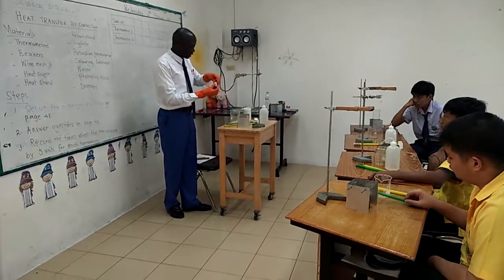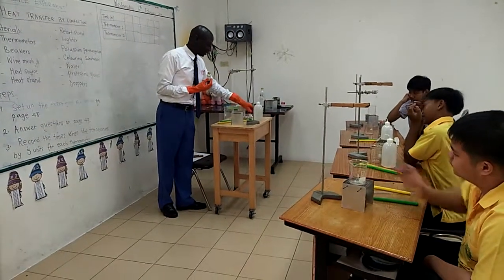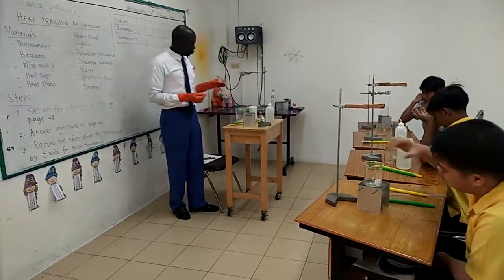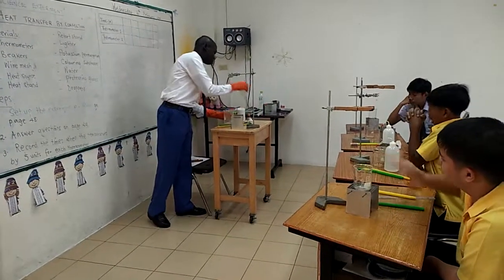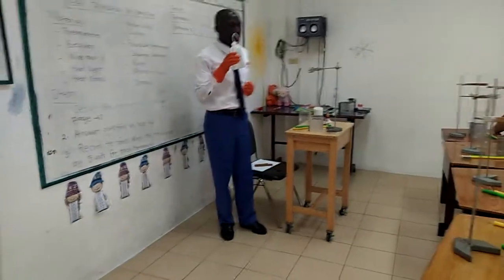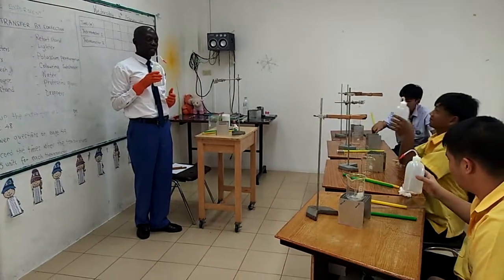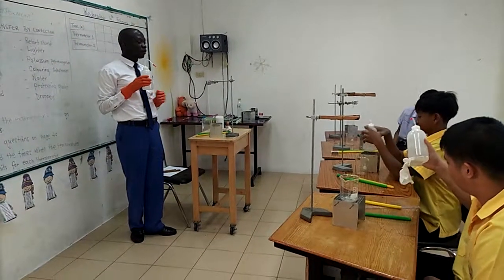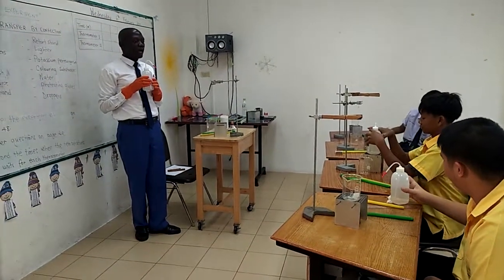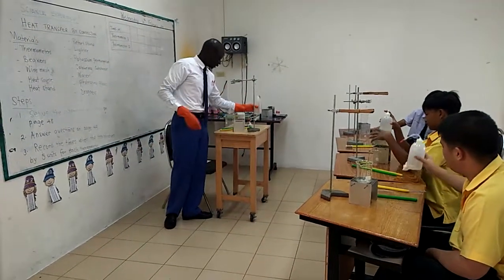I've got the green coloring substance and then the red coloring substance. We have water, which is in this dropping bottle. We have water inside there. So we are going to measure the boiling temperature, or boiling point, for pure water, and when some substances are added to water.